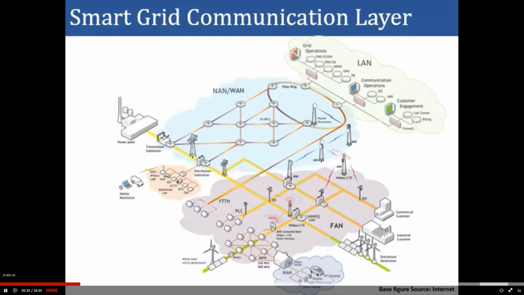Then we will have a data concentrating unit which will acquire data from nearby houses, and through repeaters it will send data to the control center. So this is how the data at the house level is shared to the control center.